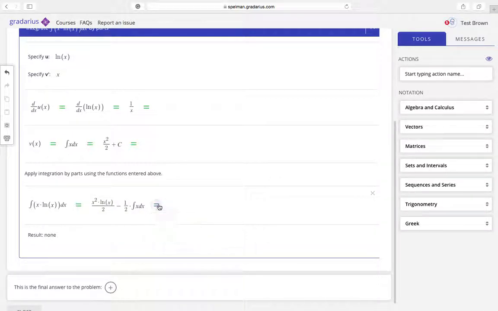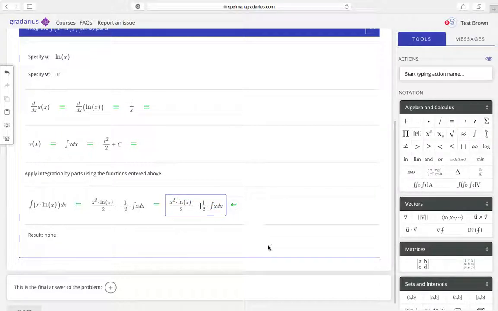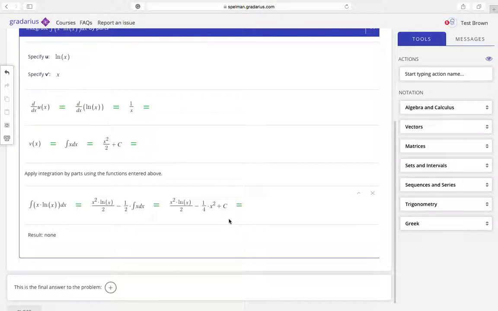All right, and then let's finish this antiderivative out. So that's minus 1/4 x squared plus c. And I think someone asked me about it, it doesn't have to be a capital C. I'm just used to capital C's. It shouldn't matter. It shouldn't be case sensitive.